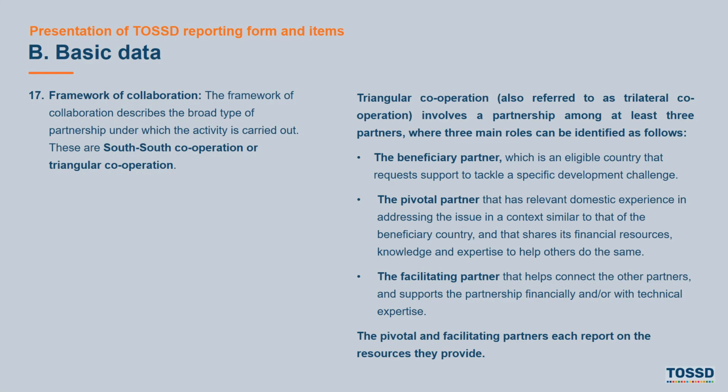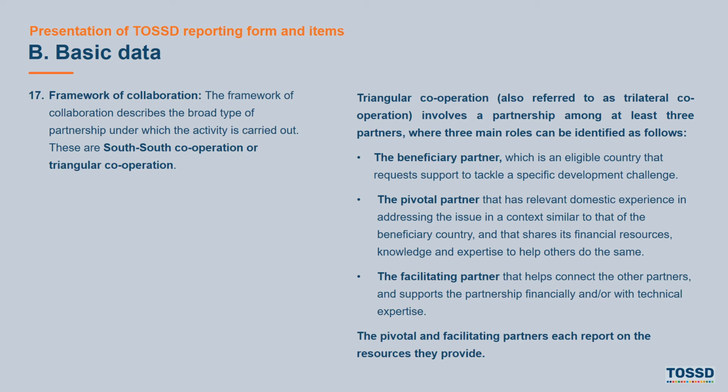The framework of collaboration field describes the broad type of partnership under which the activity is carried out. These include South-South cooperation or triangular cooperation. Triangular cooperation involves a partnership among at least 3 partners, where the 3 main roles can be identified as follows. First, the beneficiary partner, which is an eligible country that requests support to tackle a specific development challenge.